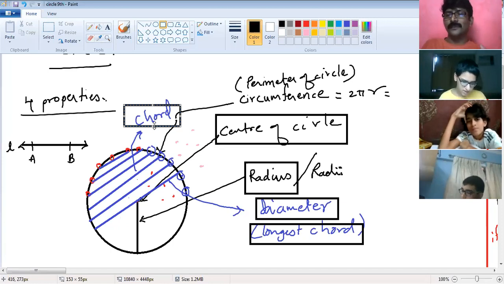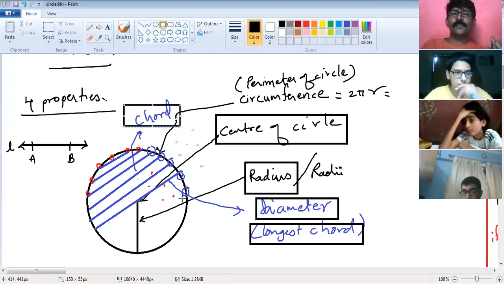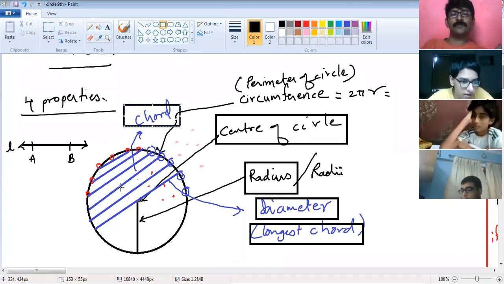That's it. Simple. Okay. Regarding the chords, how many chords can be drawn in the same circle? Infinite. Of course, infinite chords can be drawn in the same circle.